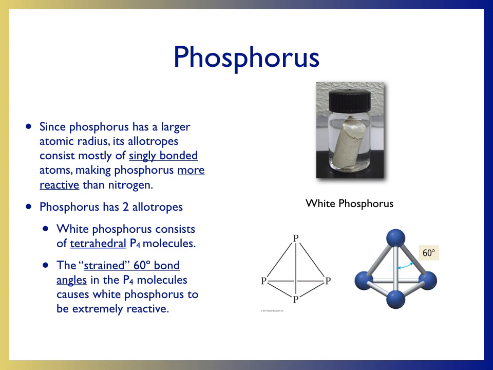To alleviate that angle strain, phosphorus will react very violently, mainly with oxygen. White phosphorus is highly flammable, which is why in the picture it is stored under oil to keep it from reacting with the air. It's also very reactive towards moisture.